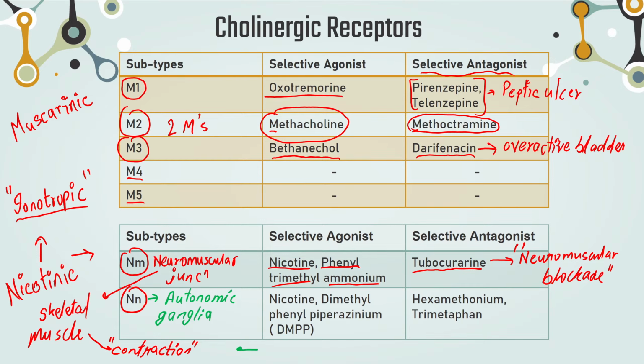For example, this is a nerve fiber, this is another neuron, and here there are receptors present. These receptors are NN receptors. The neurotransmitter will be released here and act on the NN receptors.